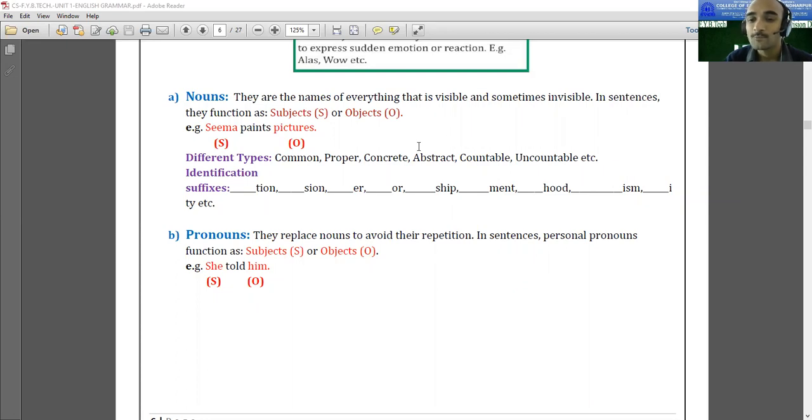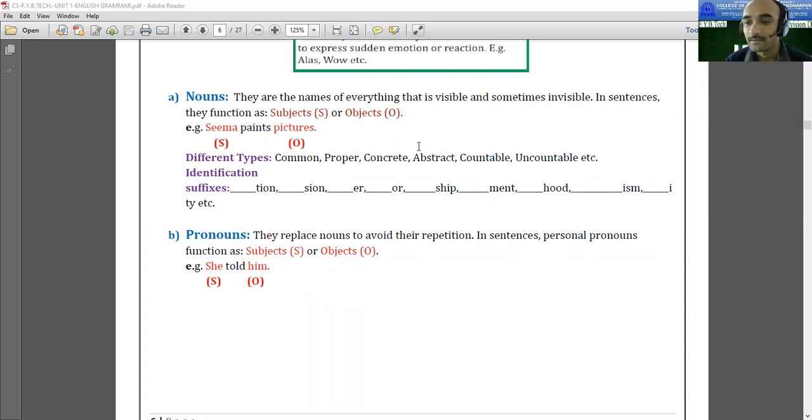So these are the words ending with ment. Then hood. Motherhood, childhood. Friendhood doesn't come, right. Falsehood, yes, falsehood comes.